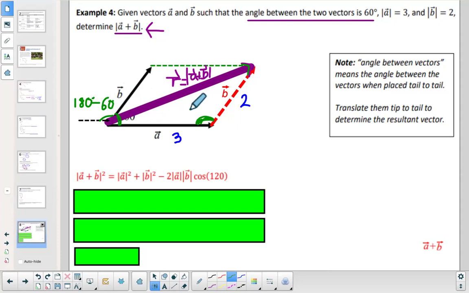And that gives me a contained angle of 120 degrees. Okay, so that 120 is what I'm substituting into the cosine formula.